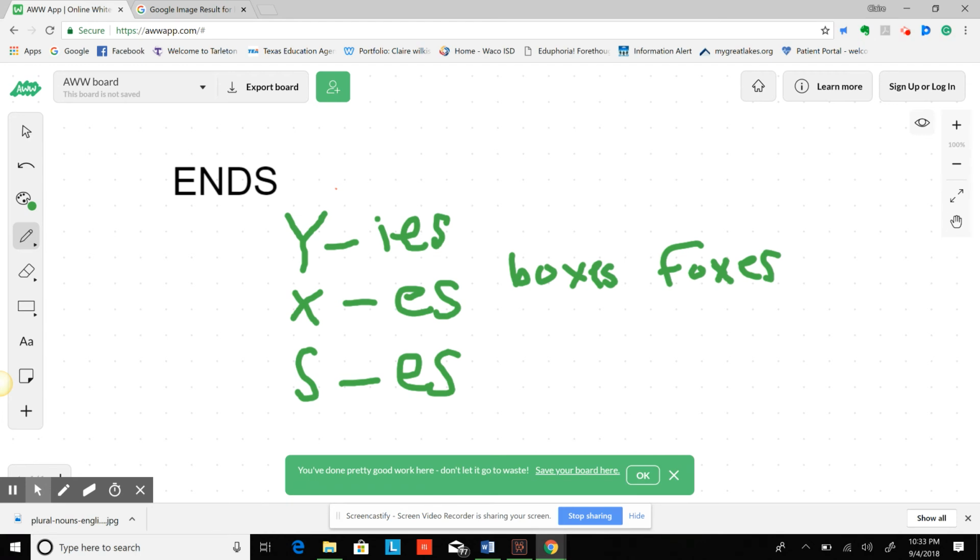And the same thing with the last one. These are words like glass. We can't just add another S. We have to add our ES. So any word that ends with an S, then we need to follow that rule.